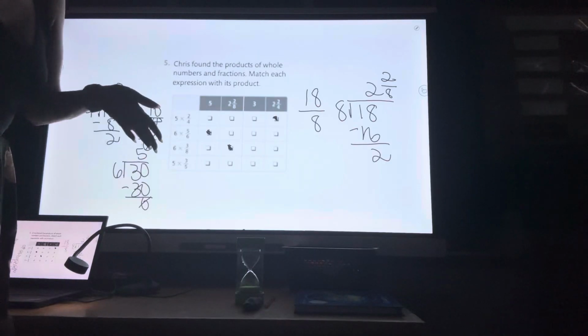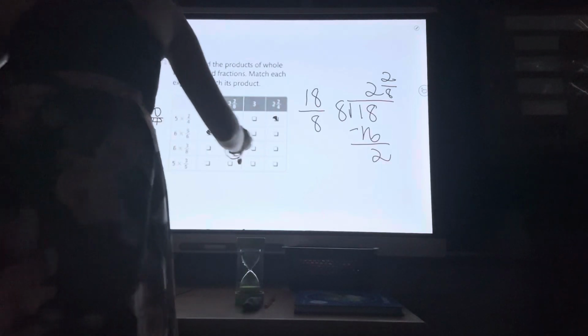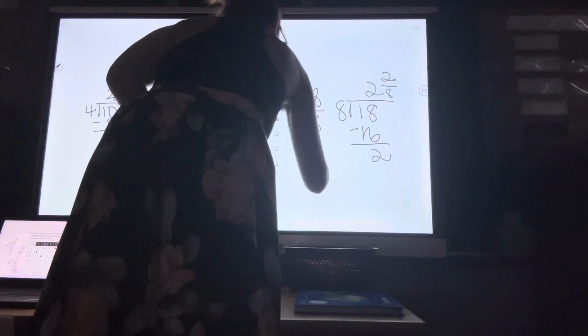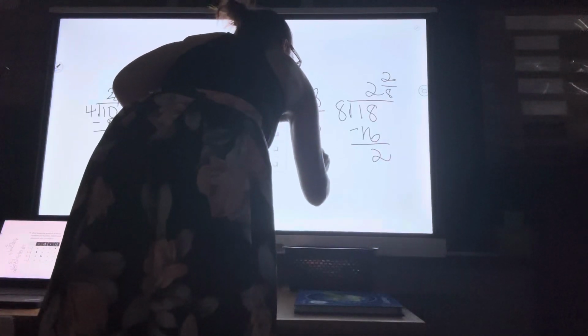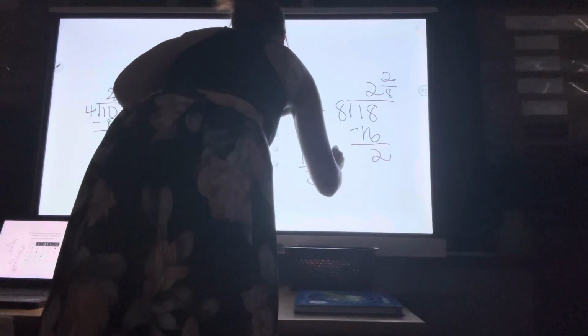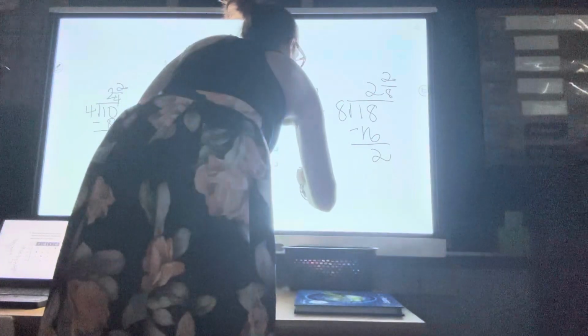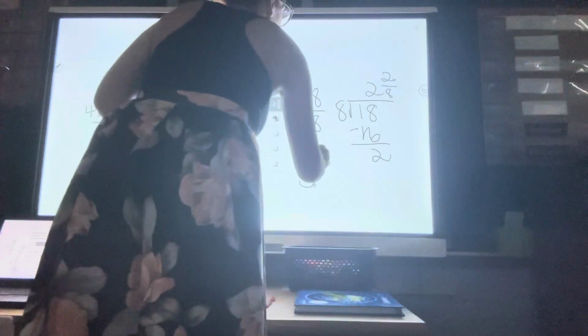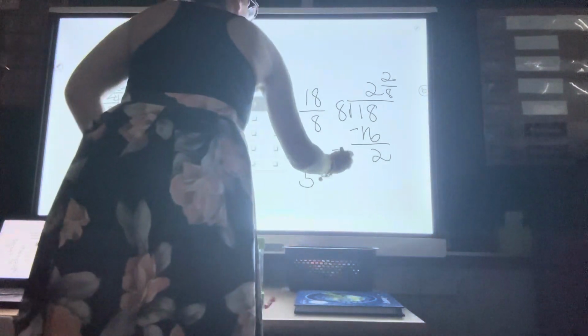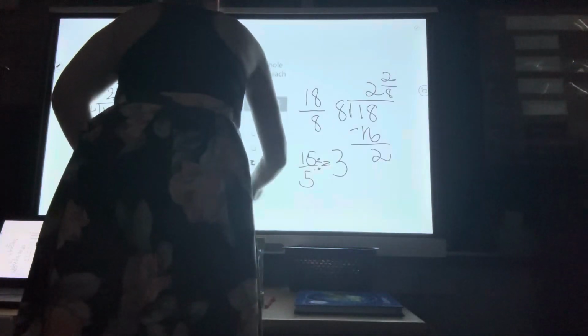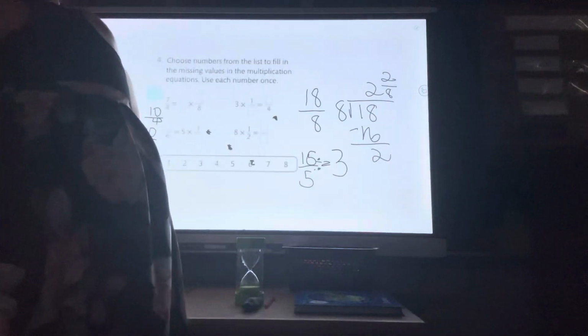You didn't have to solve, right? But it's good practice. 5 times 3 is 15/5, and I know 15 divided by 5 is 3. That one is testing your knowledge.